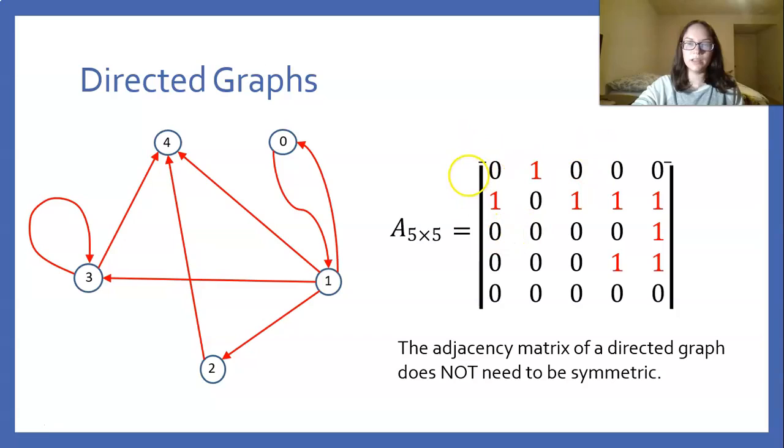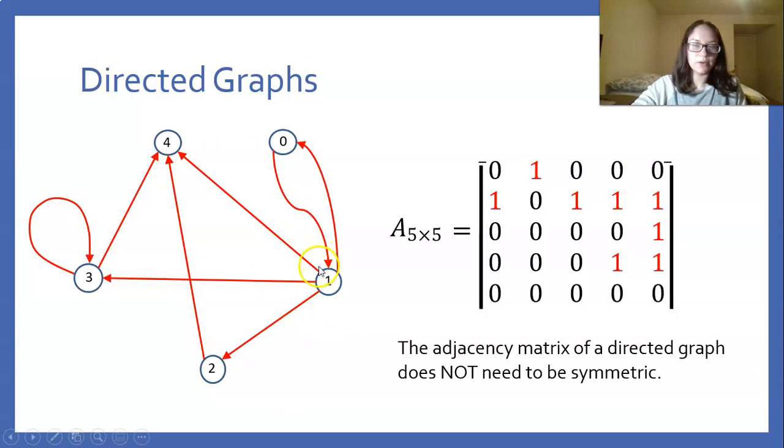It's not necessarily true that you'll have the same value in entry row i, column j, as you would in row j, column i.